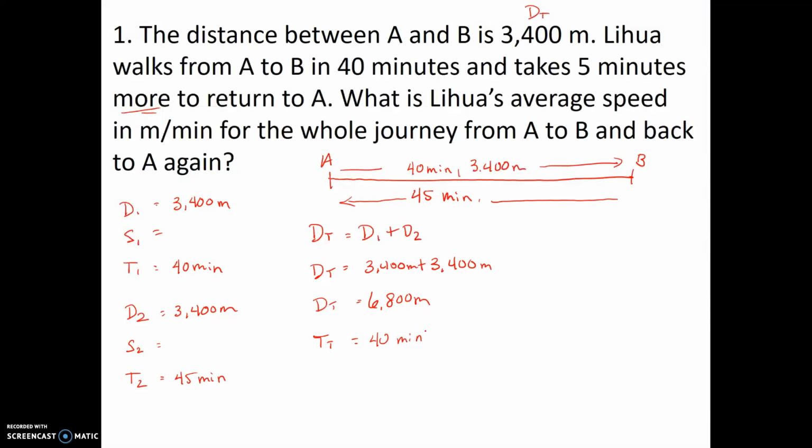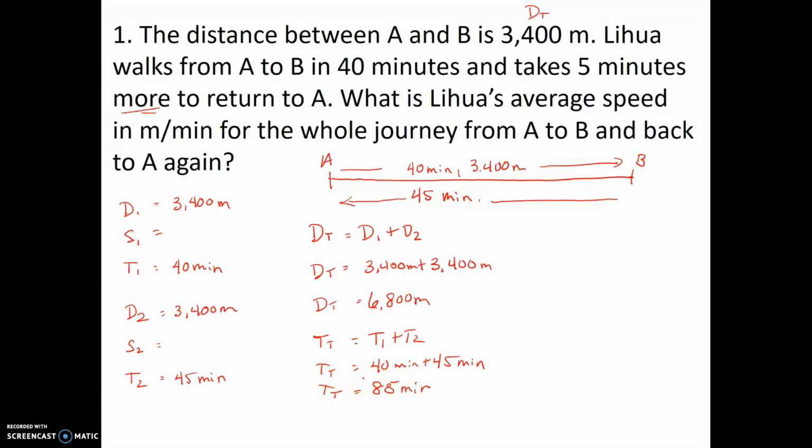Oops, I should probably write my formula in there. It's time 1 plus time 2. And that's going to be 40 minutes plus 45 minutes. So my total time is going to be 85 minutes.